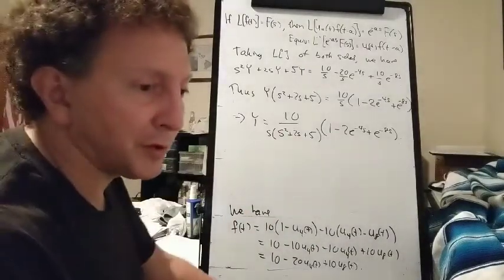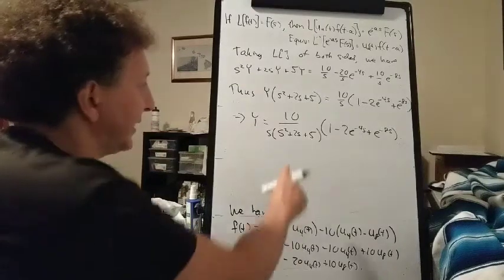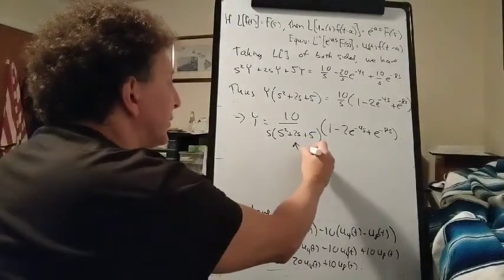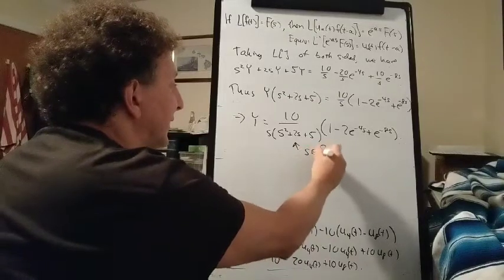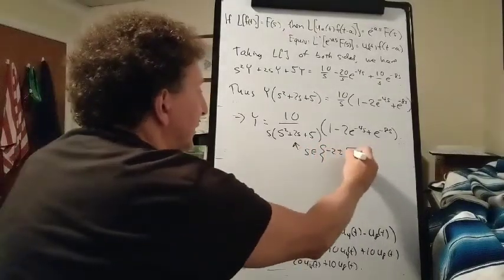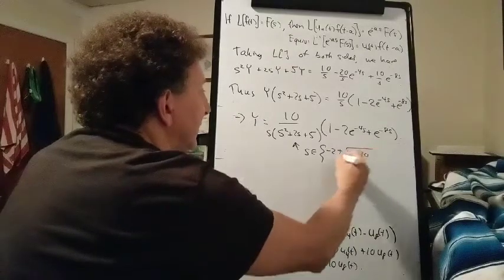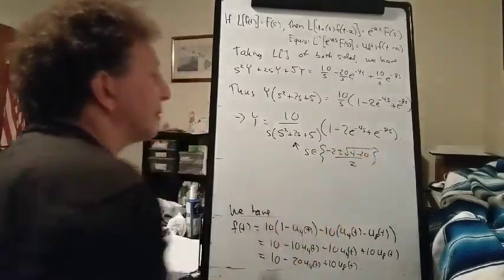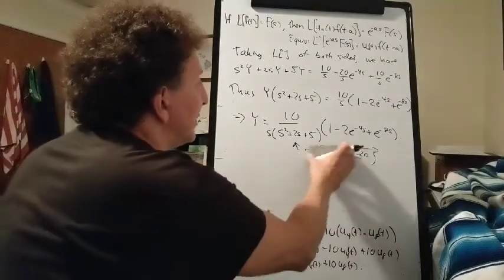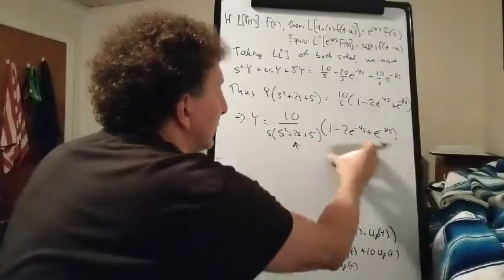Well, we'll have to use partial fractions on this, and I think we can't factor this, because if we use the quadratic formula, s is negative b plus or minus the square root of b squared minus 4ac, all over 2a. What's inside the square root is negative, so there are no real roots.